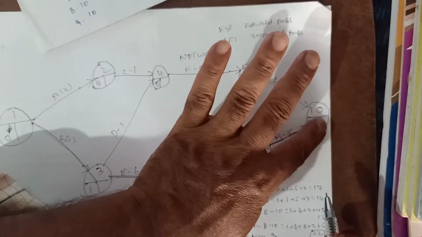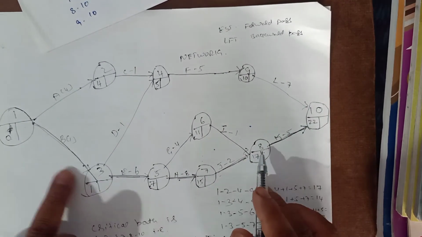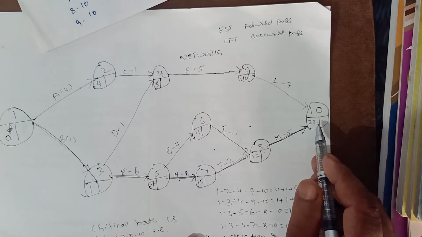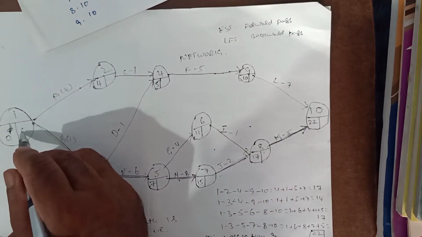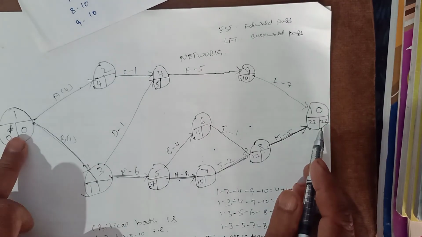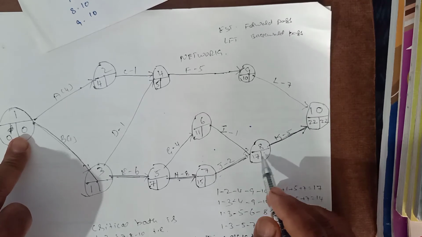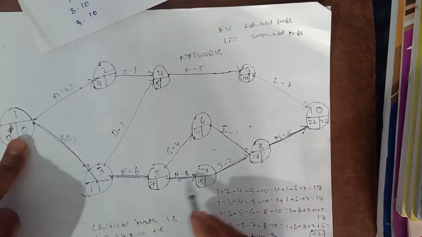Backward pass means we have to go from the right hand side. Here, first we have to take the critical path, this one. So let us start here. This will be 0 and this will be 22. And remember one more thing, the earliest start time and latest finish time of the critical path are the same.